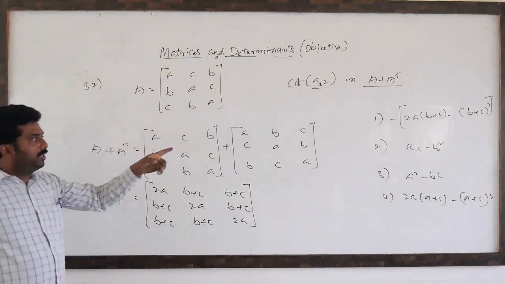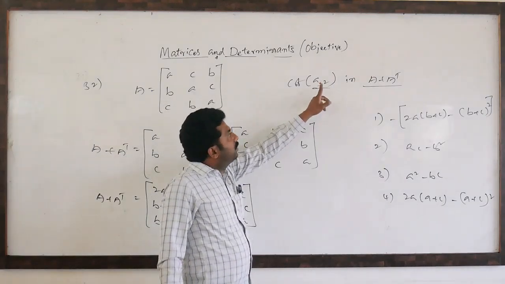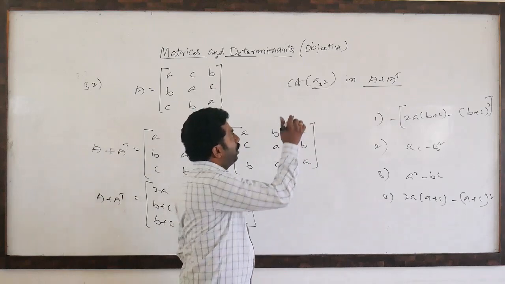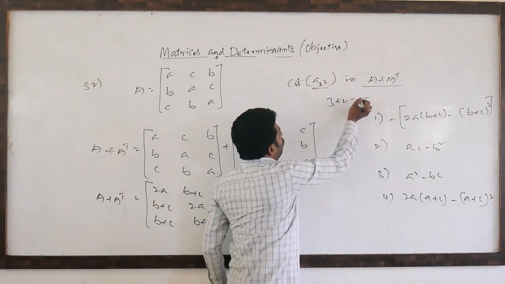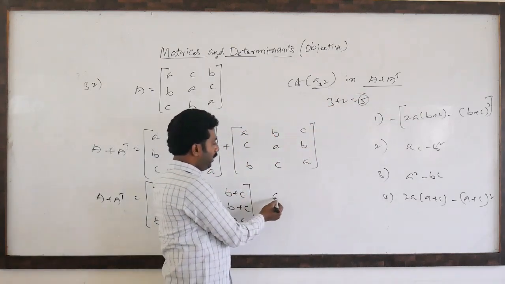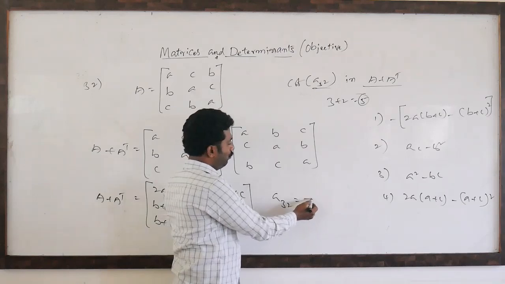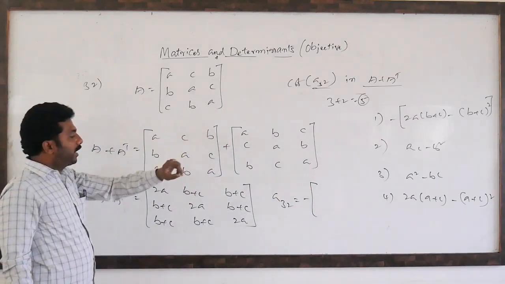What is the question? The cofactor of the element A32, which means third row second column.